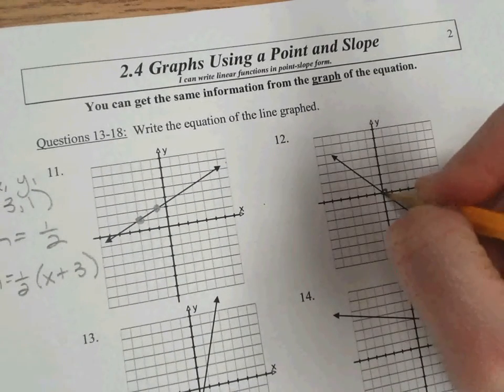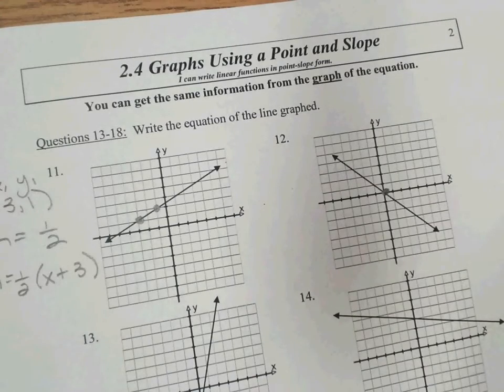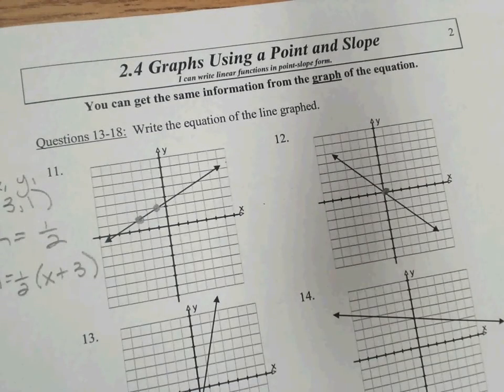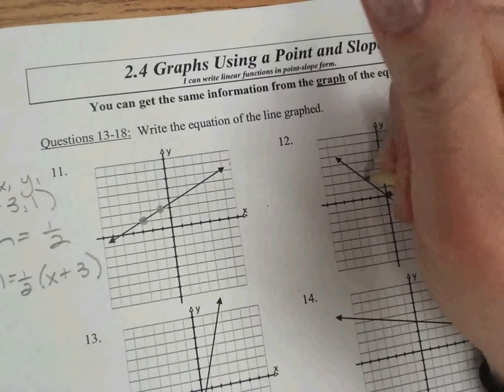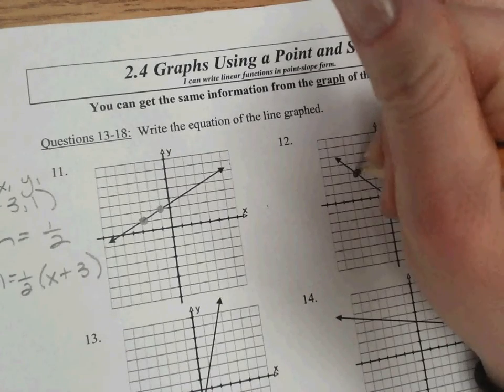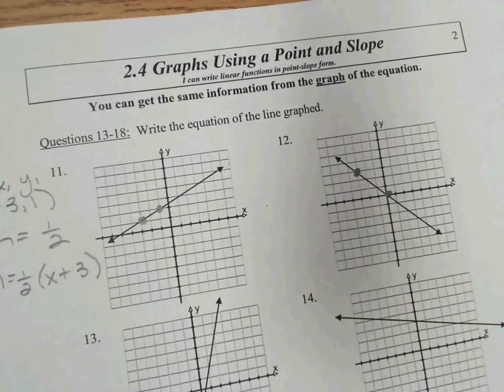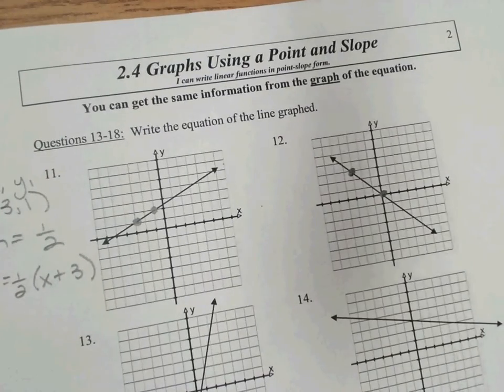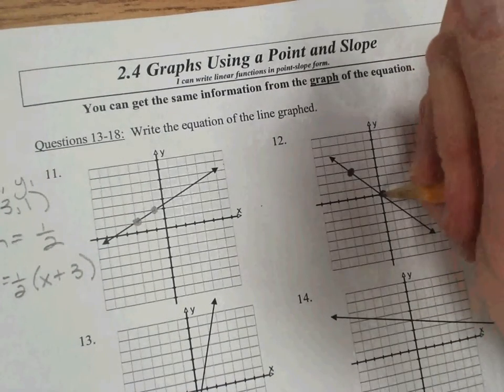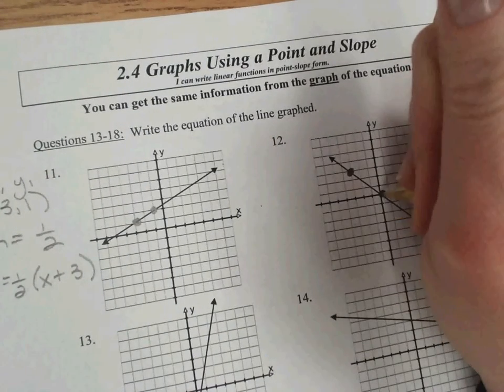Number 12. So we see there's a point. Now it makes it a little bit more difficult to write it in point-slope form if we choose 0, 0, because as you know, a lot just disappears then. So let's avoid using that as our point.